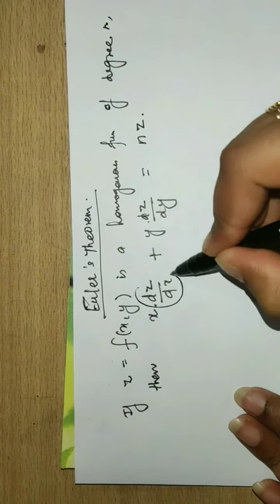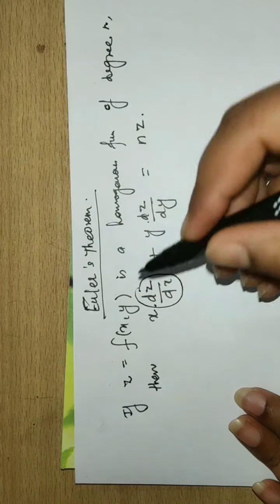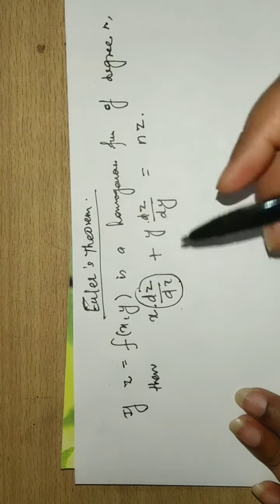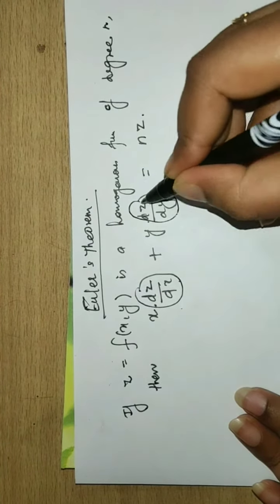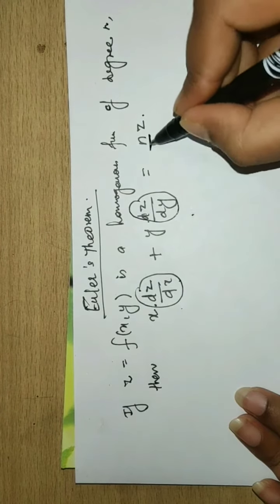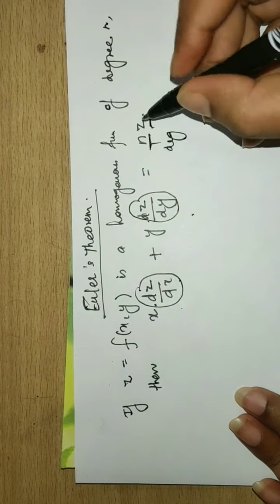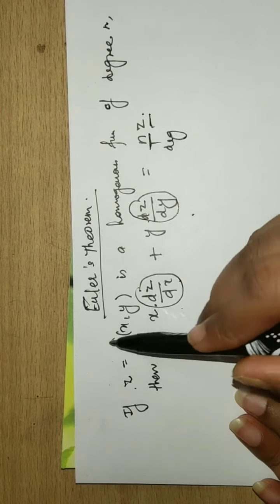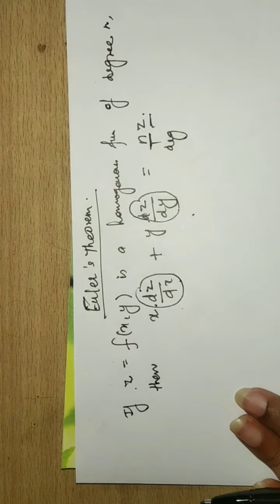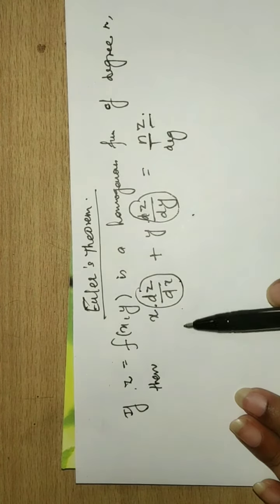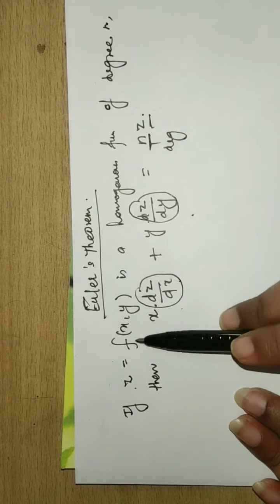This is the first derivative with respect to x, this is the derivative with respect to y, this is the degree of the function, and z is a function of x and y. This is what Euler's theorem says.